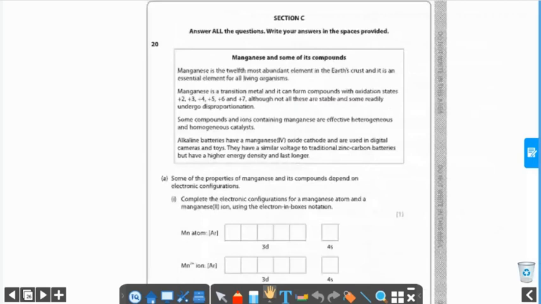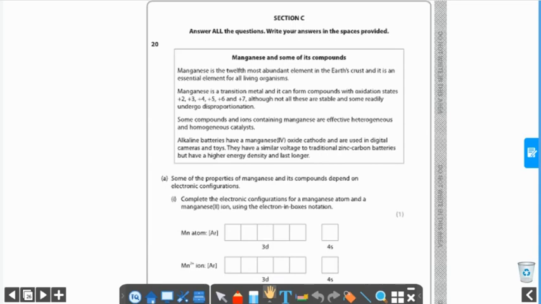Manganese and some of its compounds. Manganese is the 12th most abundant element in the Earth's crust, and it is an essential element for all living organisms. Manganese is a transition metal and can form compounds at oxidation states from +2 to +7, although not all of these are stable and some readily undergo disproportionation.